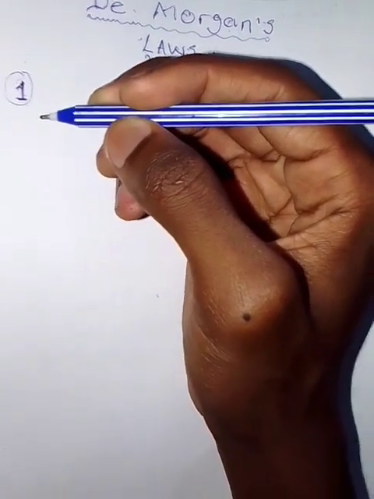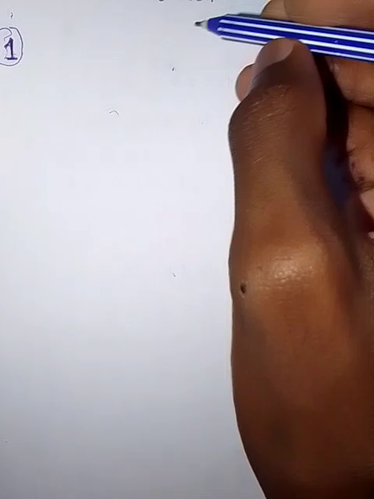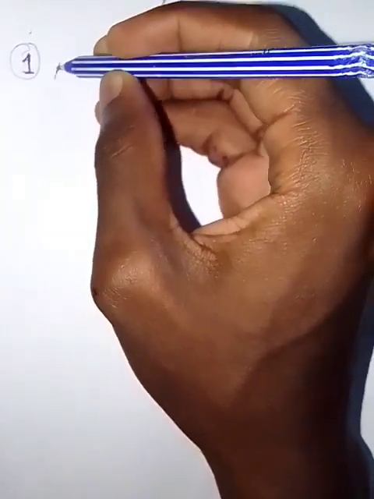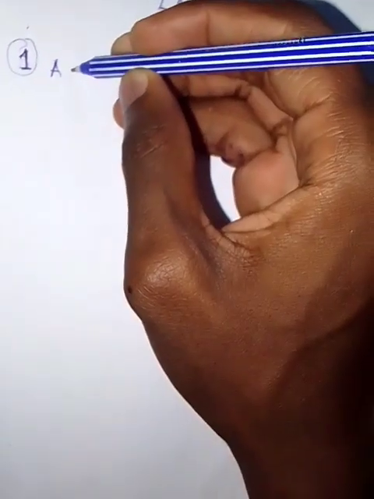So this law simply states that suppose we have three sets, where the first two sets, let's say set A and B, are united.